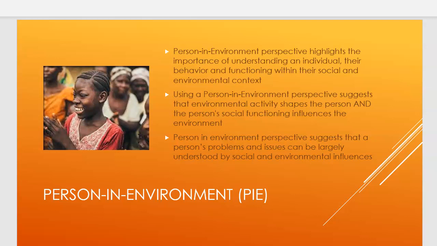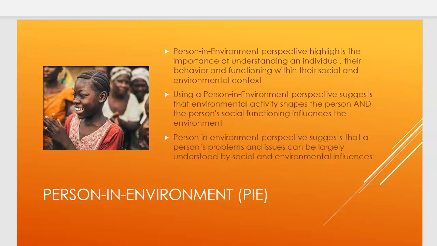And using the PIE perspective suggests that the environment shapes the person, and the person's social functioning influences the environment. So we call this a reciprocal action, where the person has an impact on their environment and the environment also impacts on the person. So it is both interactions.